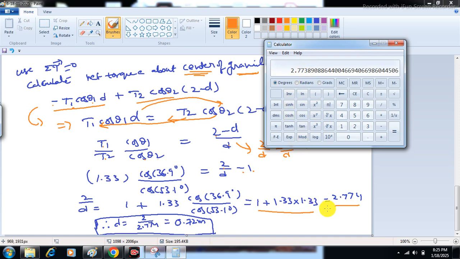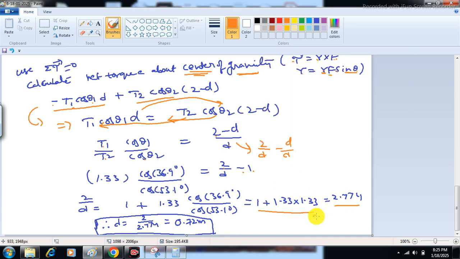Therefore 2 by d equal to 2.774, so d equal to 2 by 2.774. This becomes 0.72 meters. D, that is from left hand to center of gravity, equal to 0.72 meters.